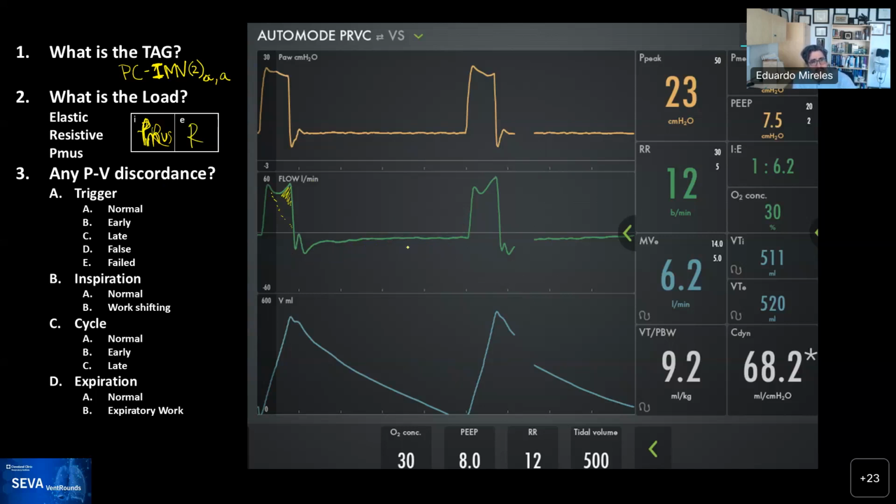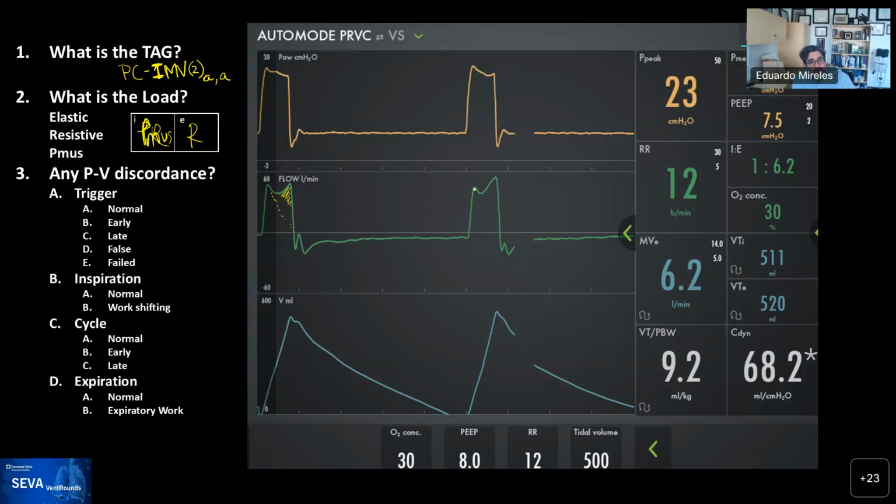So for all of you that recognized this as an early trigger, you're correct. And we know that because there is a mandatory breath followed by evidence of PMUS. Now, there are many reasons for this pattern in the literature, many.